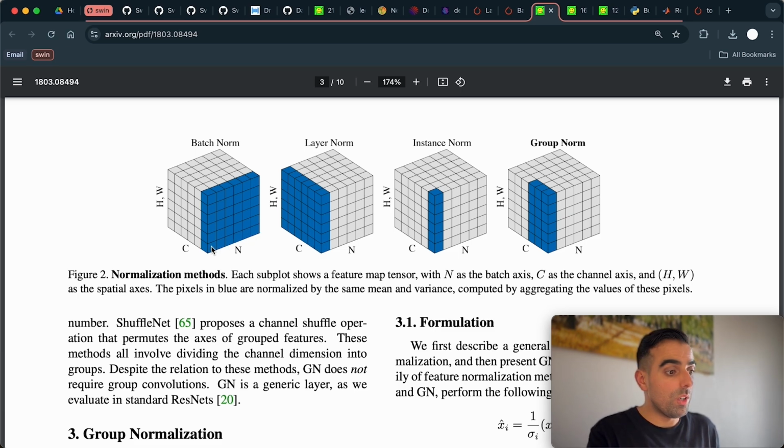Because in training, you're using mini batch, and in testing, you are feeding all instances in the data set. But if you're normalizing based on the channel dimension, the channel is the same for training and for testing. So what you're getting is more consistent than batch norm. So this is about layer norm.